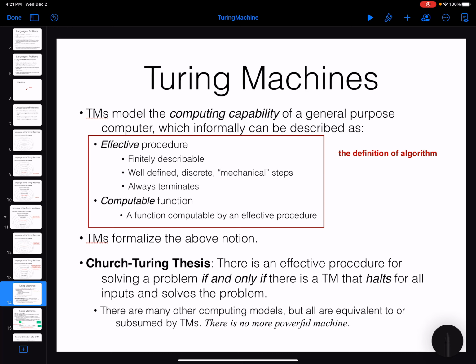So you should be able to write your algorithm as a finite set of instructions, all of which are discrete, and those mechanical steps are completely clear, what each step is. You cannot ask your computer to do some instruction which it is not able to do, right?